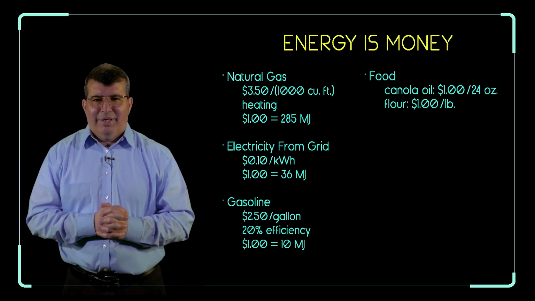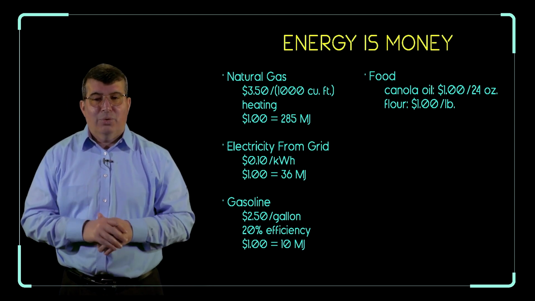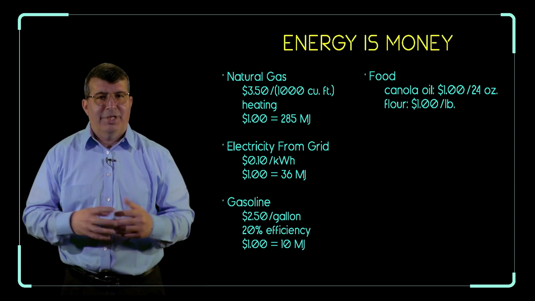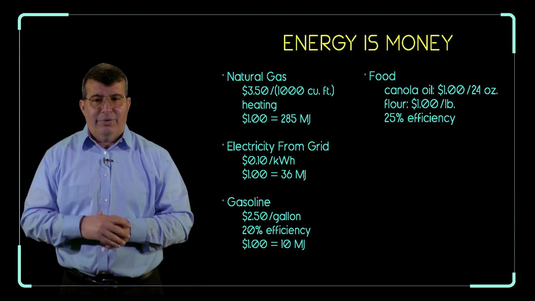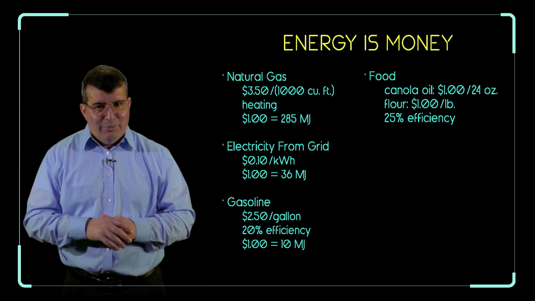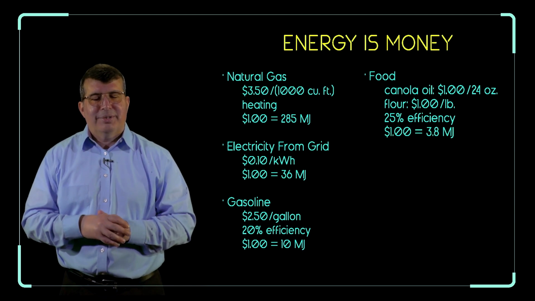And if I look at the calories in the food and convert that to joules, and assume about a 25% efficiency in converting food into energy, then my $1 of food will give me about 3.8 million joules of energy.